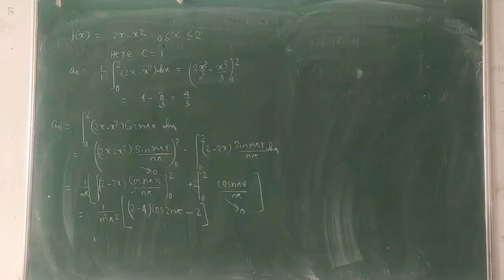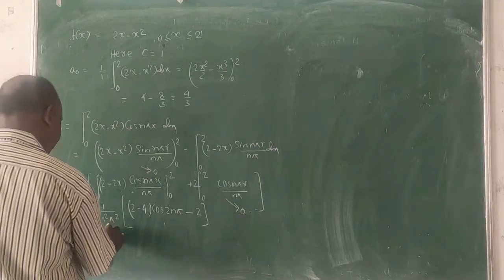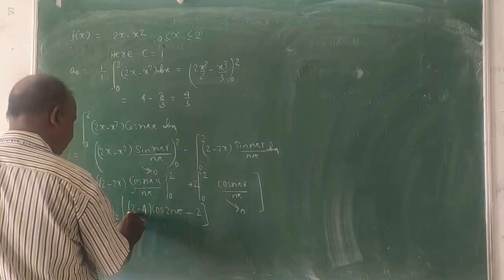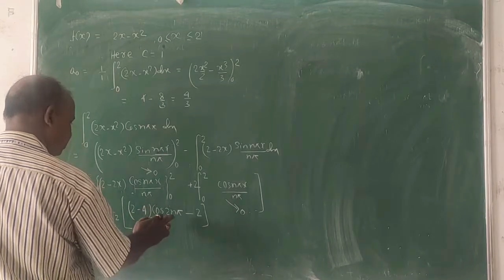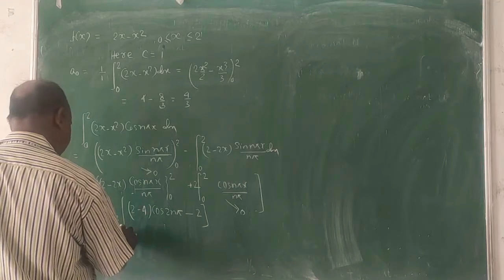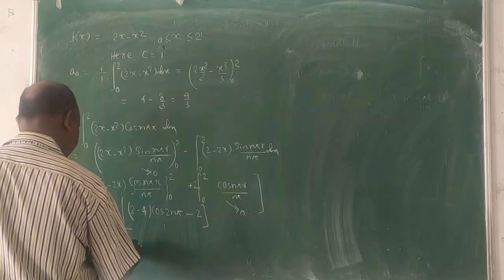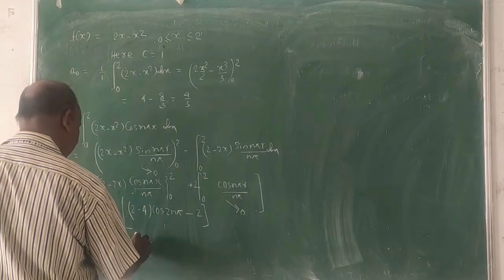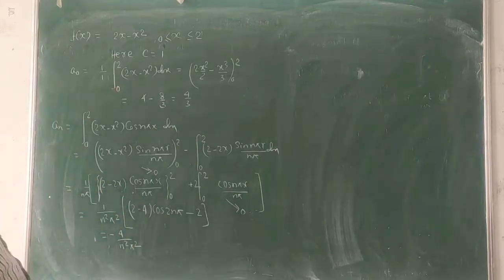Cos 0 is 1. So what you are getting: this is minus 2 minus 2, that is minus 4 by n square pi square.